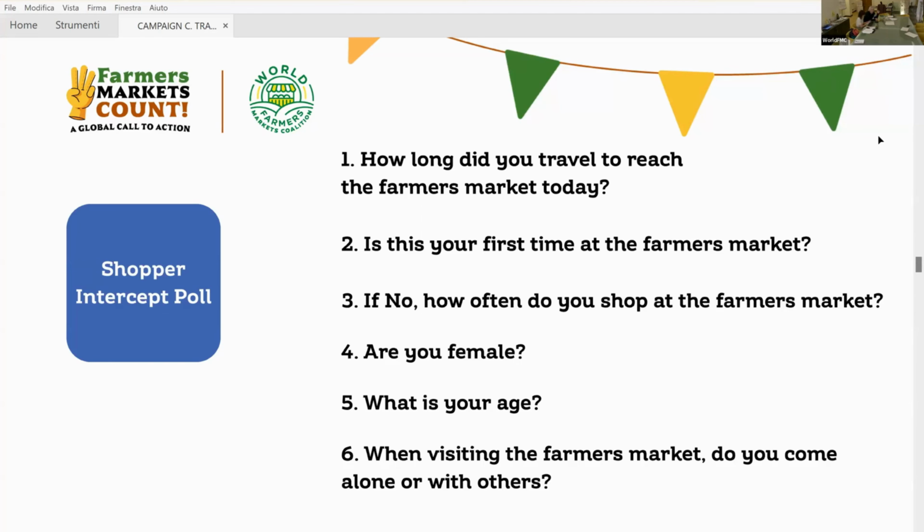The answers will be in a scale of less than 30 minutes, 30 minutes to 90 minutes, more than 90 minutes to come to the market. So they will probably give you a precise number, like it took 44 minutes to get here, but you'll place it in a span of time so that we group how long it takes people, your shoppers, to come to the market.